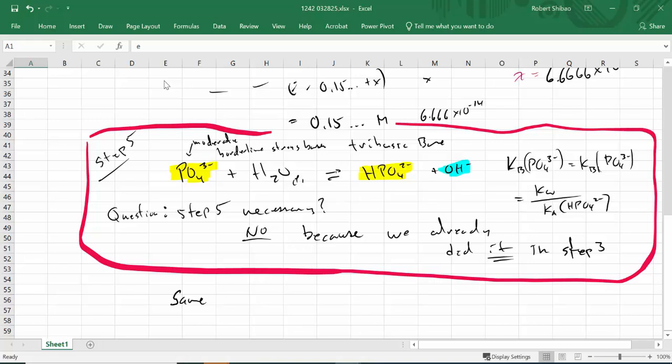Same for Kb: Kb for monohydrogen phosphate, first, is going to equal Kb2 for phosphate.